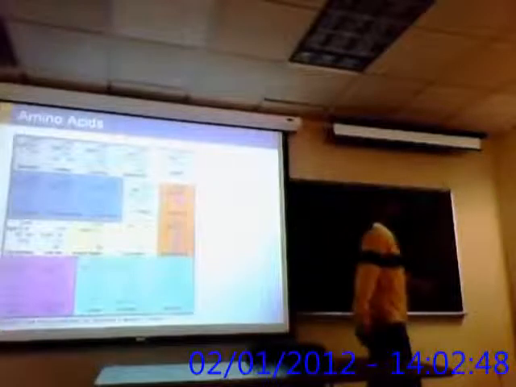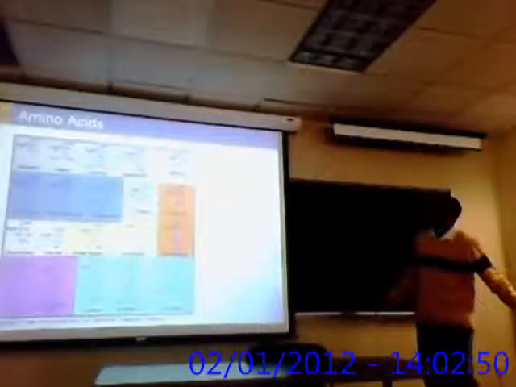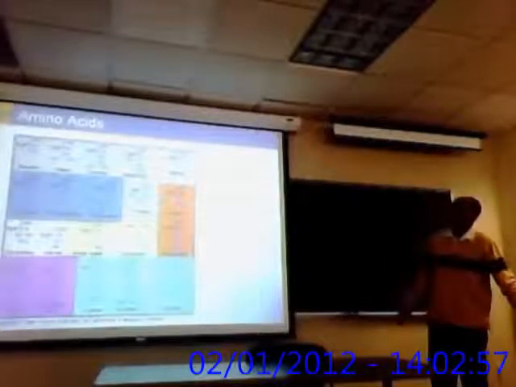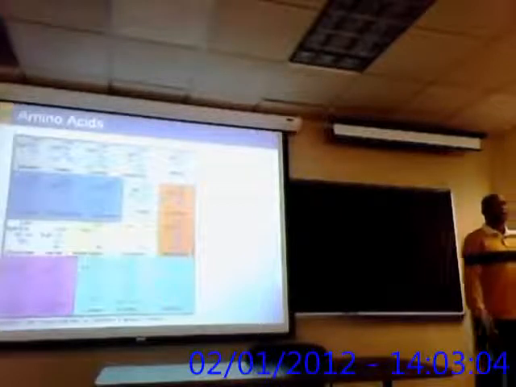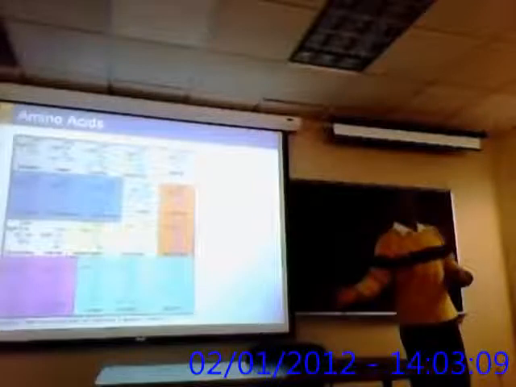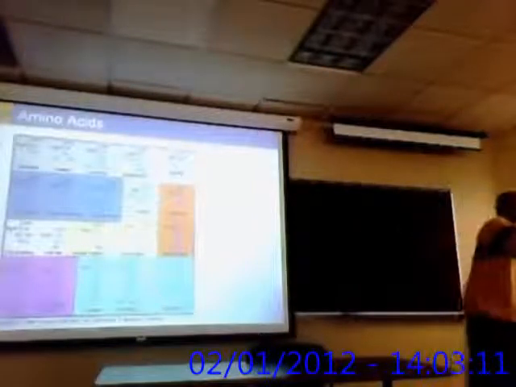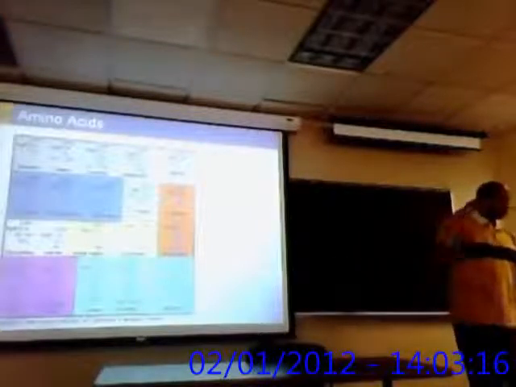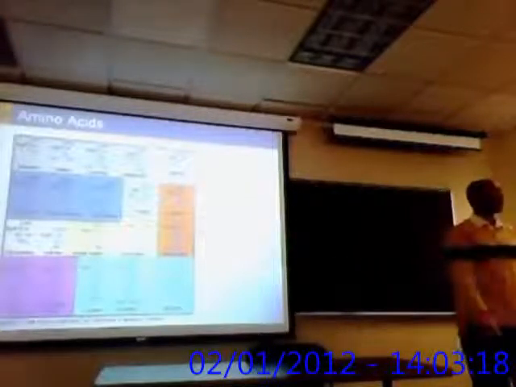This is just another illustration of those 20 amino acids. Again, this part is the same. What's shown here in black is the same. These are all 20 amino acids shown right here. You see, the only thing that's different is on the side chains. And different combinations of all of these amino acids make different proteins: collagen versus hemoglobin versus elastin versus all the other proteins in the body.